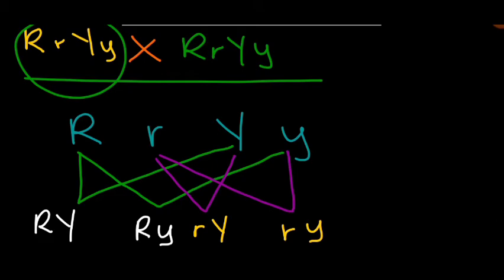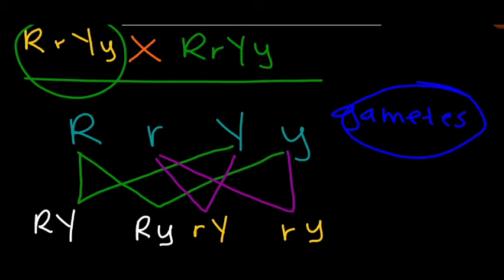So what are gametes? When you hear the term gametes, what comes to your mind? Gametes simply means the sex cells. We've got the sperm and also the ova, which is the egg. These are the gametes in human beings. The alleles carried by the gametes are the ones you've determined here.